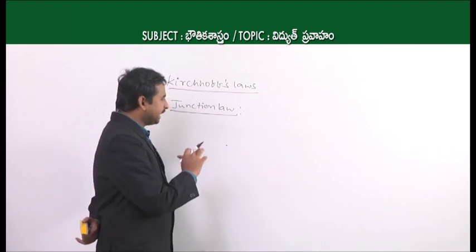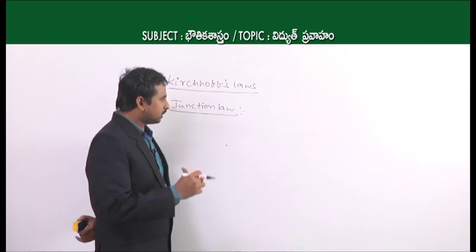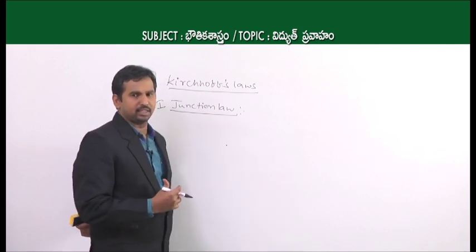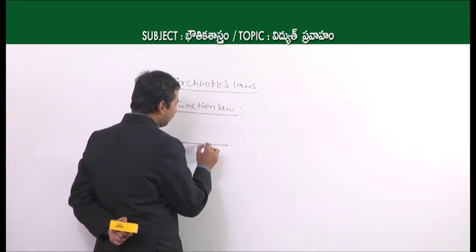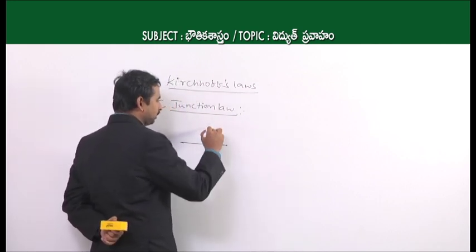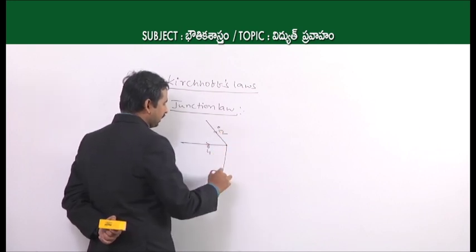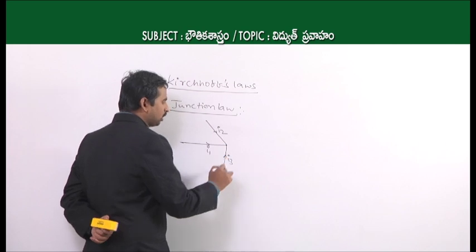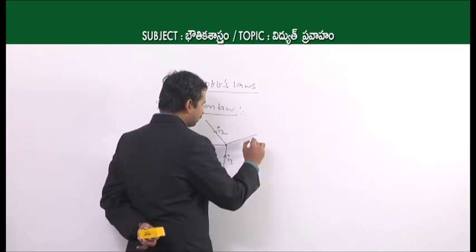At any junction point, according to Kirchhoff's first law, consider the currents coming inside. Let us suppose at this point I have the currents I1, another current I2 and another current I3.